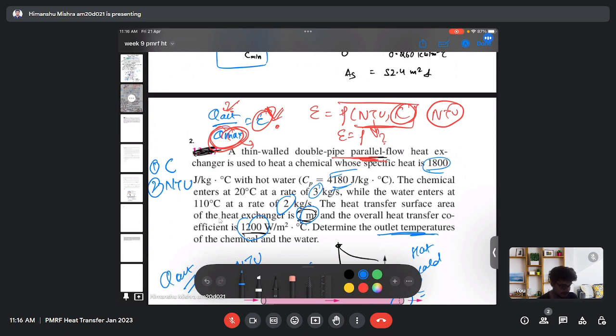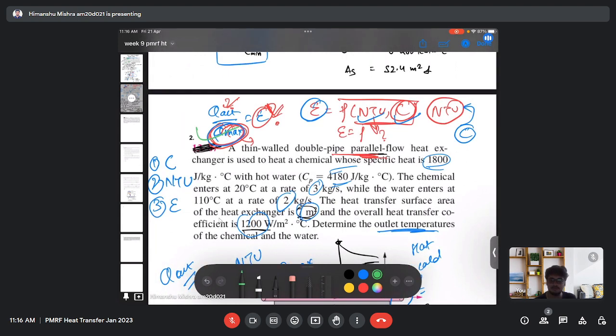Once you get NTU and the heat capacity ratio, you can calculate effectiveness by using the formula for the parallel heat exchanger. Then you separately calculate the maximum heat transfer because it depends only on the inlet temperature of cold and hot fluid.